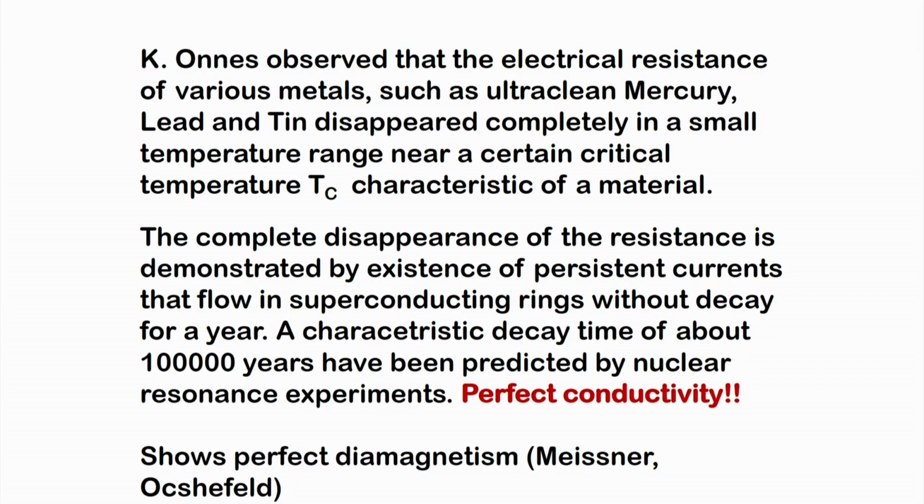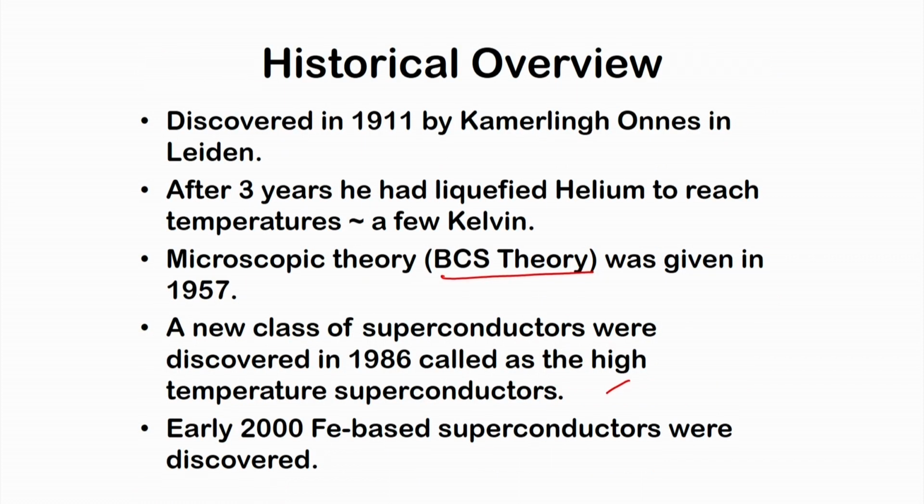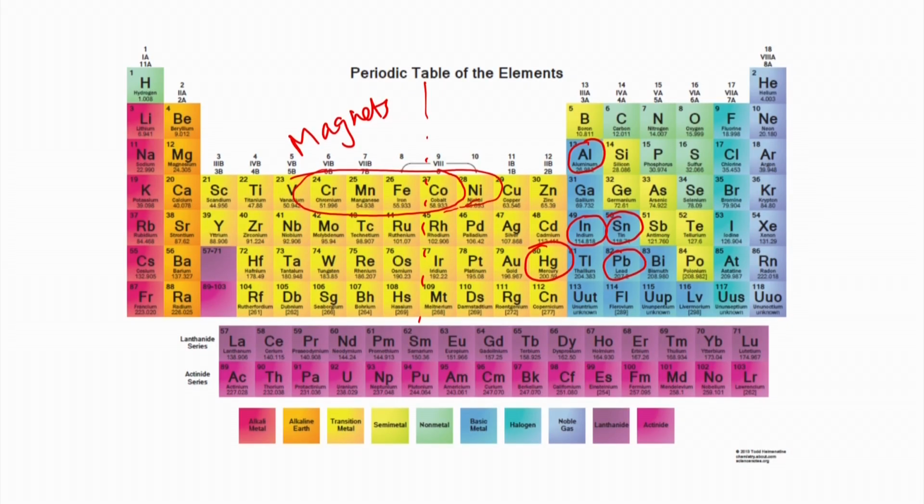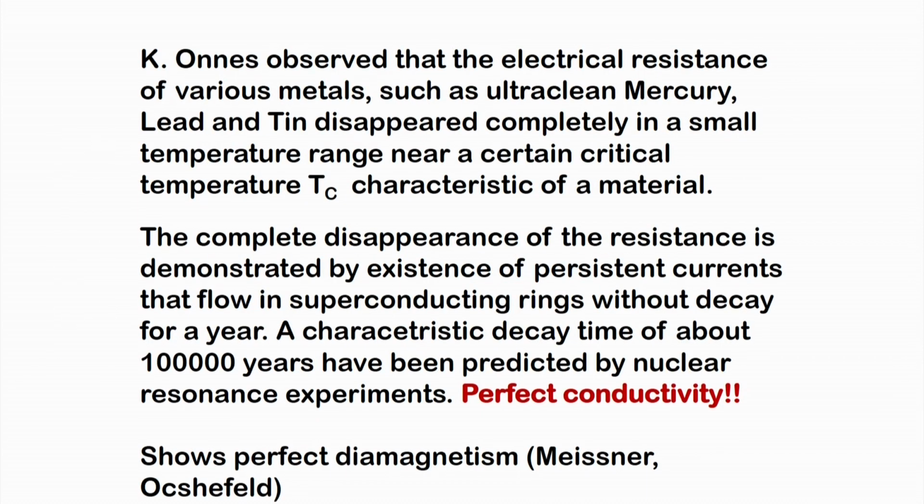So, what Kamerlingh-Onnes did is that while he was doing an experiment with ultra clean mercury and then subsequently with lead and tin, we have shown in the periodic table that lead and tin etcetera show superconductivity.